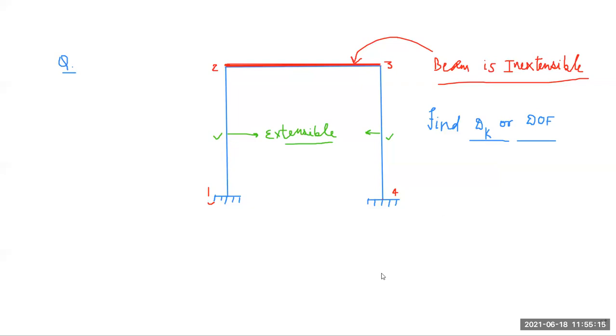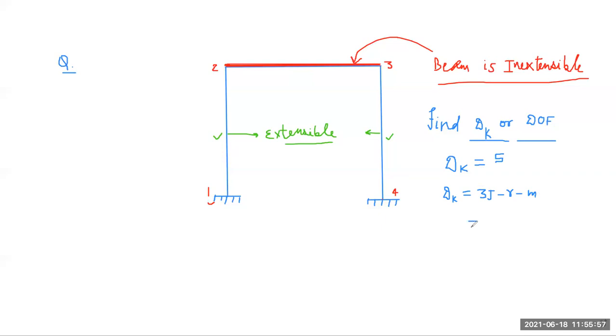So basically, here dk is equal to 5 when your beam is inextensible, because we use our basic formula dk is equal to 3j minus r minus m.